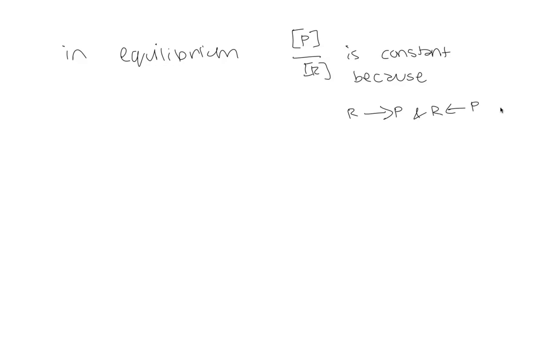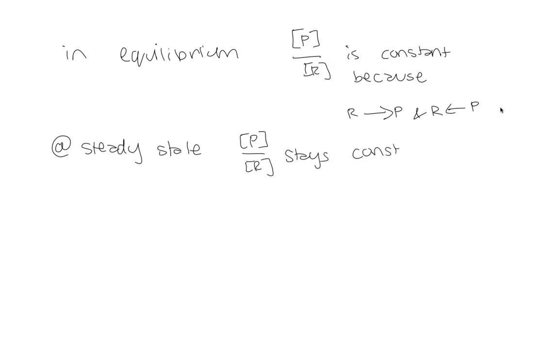So every time we make a product, we break it down, we go the other direction and make more of the reactants. But at steady state, P over R is able to stay constant because you're constantly replenishing.